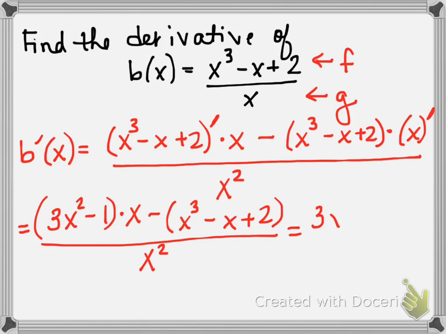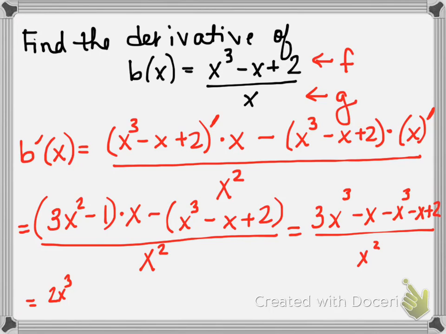We get 3x cubed minus x cubed minus x plus 2 all over x squared. So let's keep going at the bottom. 3x cubed minus x cubed is 2x cubed. I have a minus x.